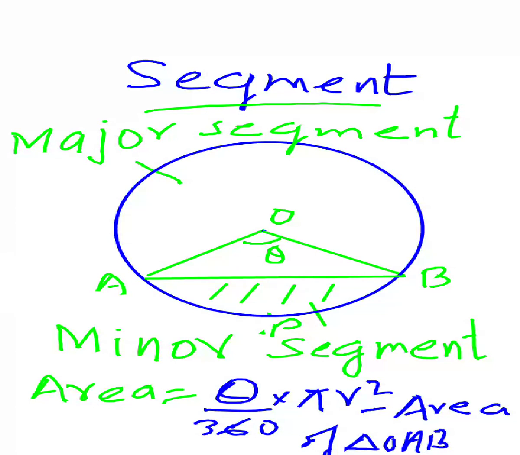So full area minus this minor segment. Can we get that? Yes. The full area of the circle, that is pi r square, minus the area of this minor segment, which is theta by 360 into pi r square minus the area of the triangle OAB. If you take this in a bracket and subtract it from pi r square, you will get the area of the major segment. Getting it?